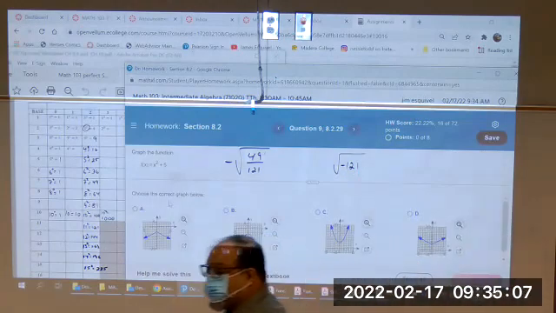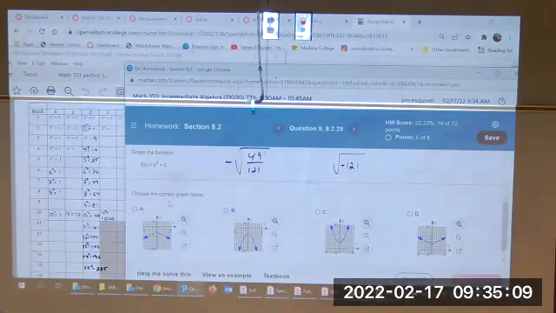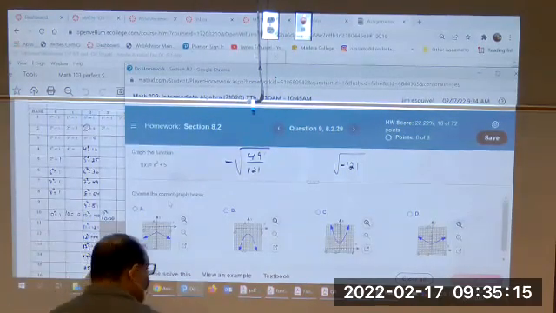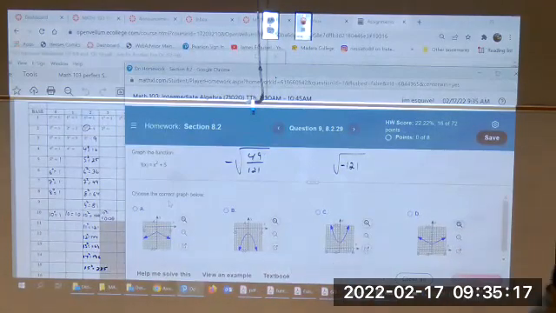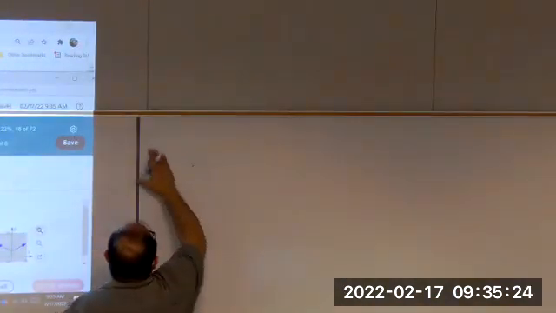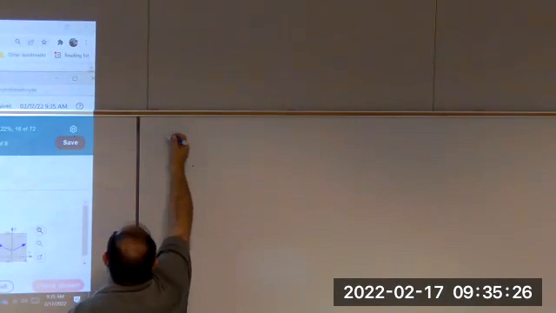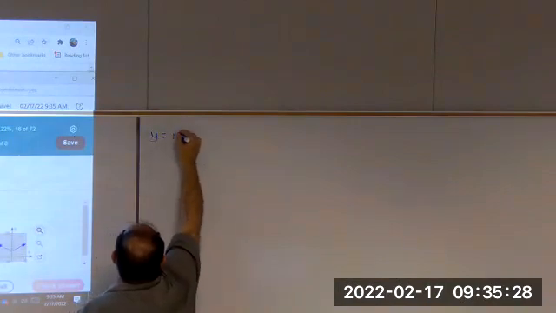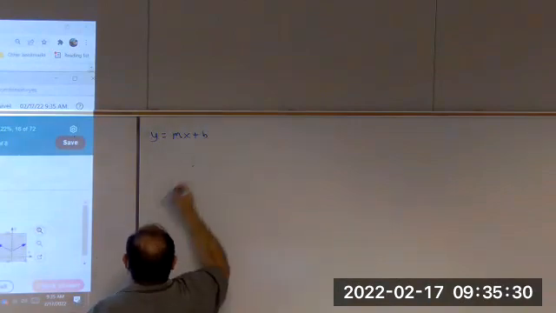The reason why we did all those square roots is because now we are going to embark on graphing. And we are going to graph these things. First of all, we are going to graph still y equals mx plus b lines.